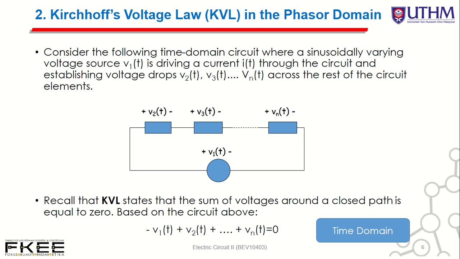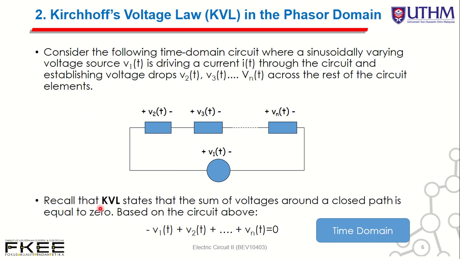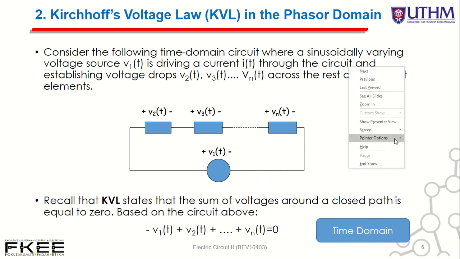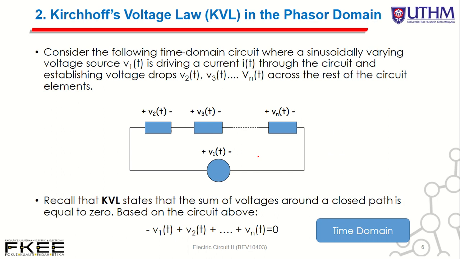Can you recall the concept of Kirchhoff voltage law? Try to recall your KVL. KVL states that the sum of voltages around a closed path, a closed loop, is equal to 0. Based on the circuit above, we can analyze this loop by using this direction, for example.